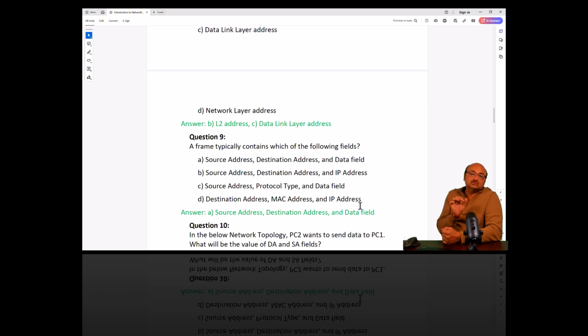So the important takeaway here is that the important fields in a frame as of now are source address, destination address and data. And if you can understand this, since we are saying that address is MAC address, we can start saying that interchangeably. Source address is the same as source MAC address.